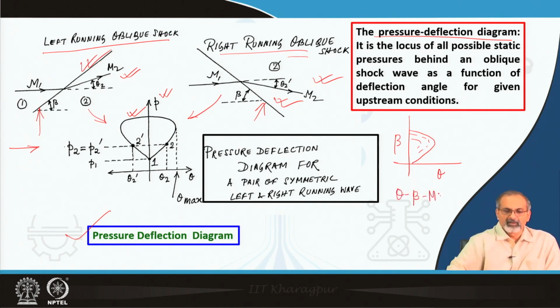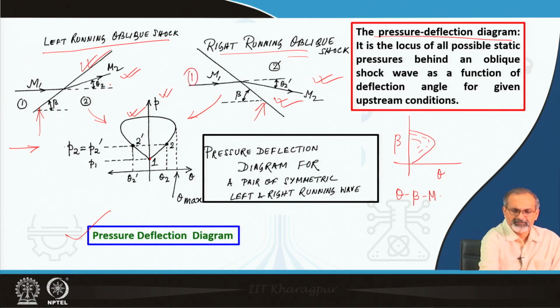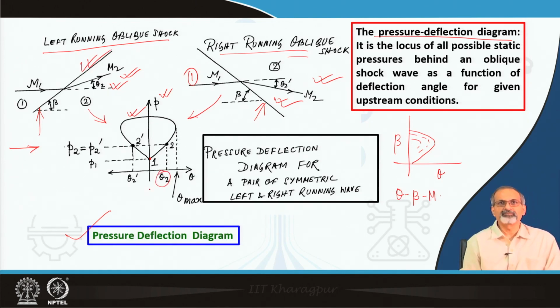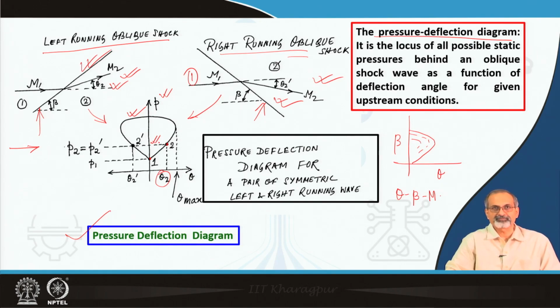Here, for the two cases, we have a pressure deflection diagram drawn like this, where the point 1 represents the free stream condition, which is common for both. From there, if you go towards positive deflection, it is for the left running wave which tilts upwards. You have a positive theta, and you pick the correct theta which represents the angle theta 2, and you get the point 2, which describes the pressure attained in region 2.